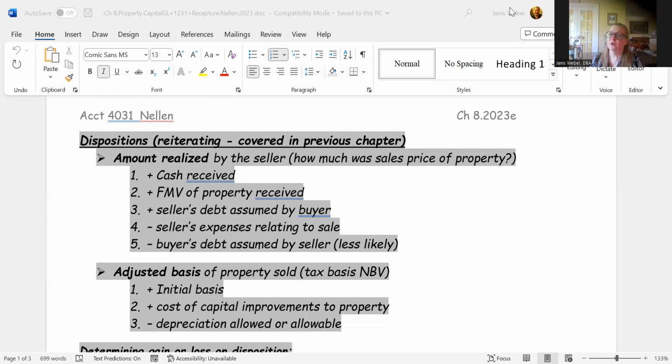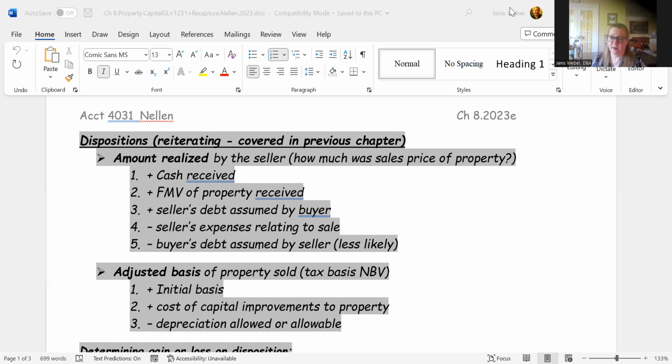And then you also reduce by any amount of the buyer's debt that the seller assumed. So if you traded property for property, and the property you assumed was subject to a mortgage, then similarly, when you take that property subject to a mortgage, you are giving that buyer a kickback, basically, by assuming the mortgage.